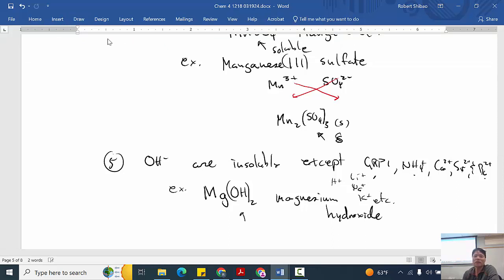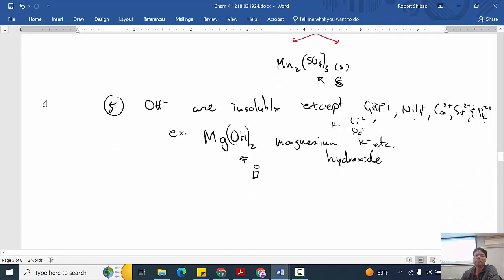Is magnesium hydroxide soluble or insoluble? Insoluble. Wait, I thought hydroxide was insoluble except in these groups, and magnesium is part of the same group as calcium, sodium, and barium. It is, but it's an exception.